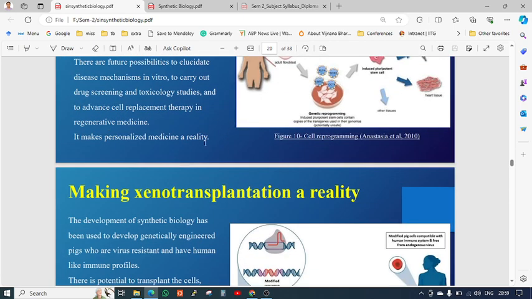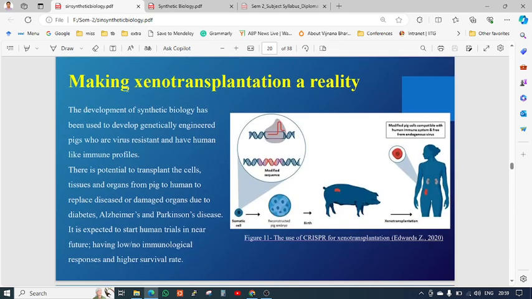This is also in future scopes: making xenotransplantation a reality. This is another new type of application of synthetic biology or genetic biology. If you see the figure, one is a human, another is a sheep or some other organism. If the kidney of a human being is damaged, then we replace the kidney with a donor kidney, if available.